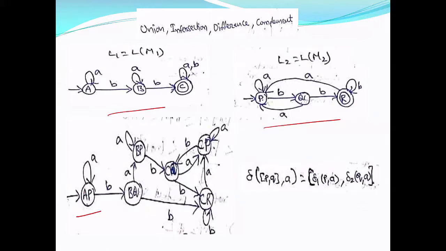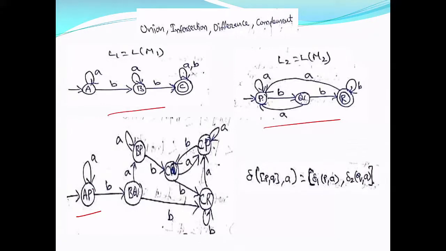So initially I start with the initial state of M1, that is A, and the second state will come from M2, that is P. So I'm starting with a pair AP.